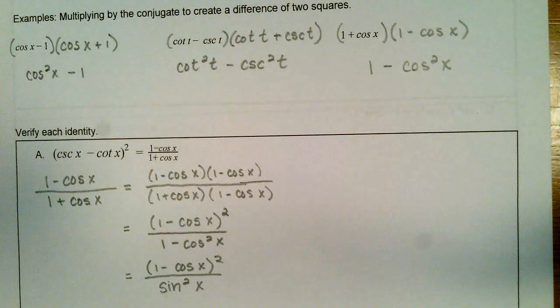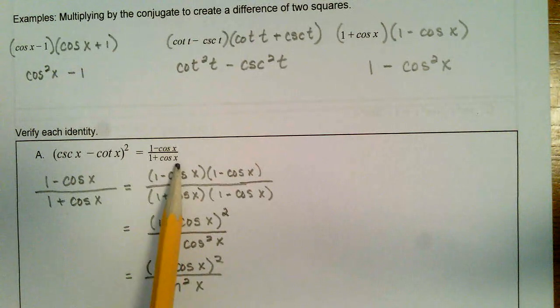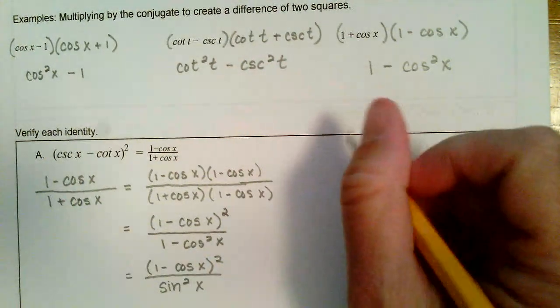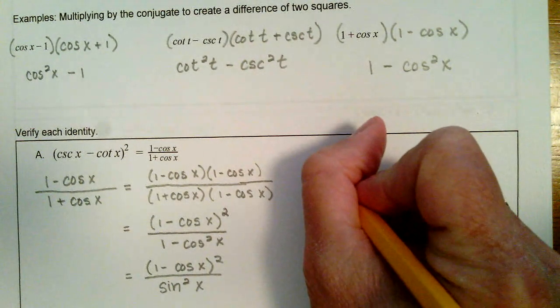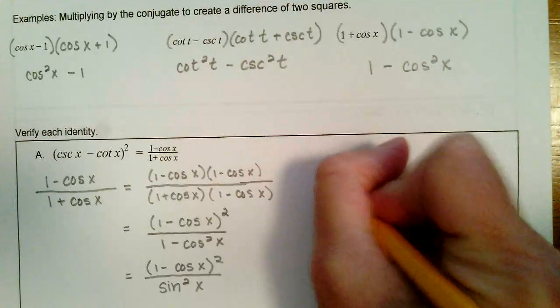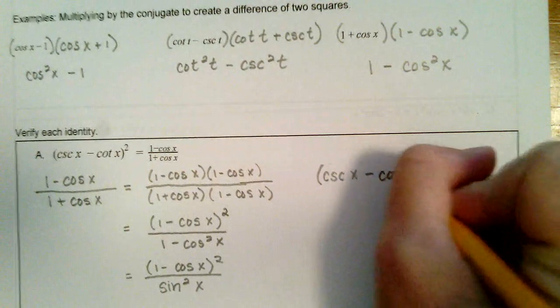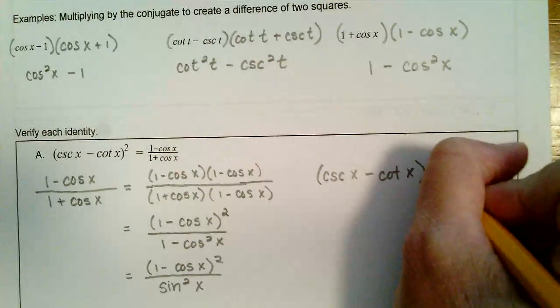It happens a lot when you're verifying trig identities. What you want to do next is, so we started with the right-hand side because it looked more complicated, and we worked as far as we could, but it didn't get us where we needed to be. So now let's start with the other side. So we have cosecant of x minus cotangent of x squared.